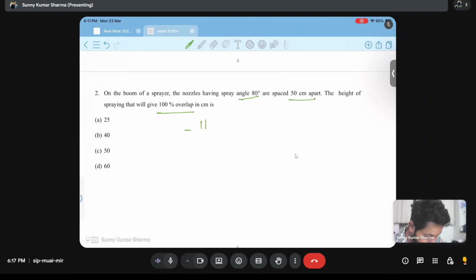The nozzle is spraying from here on the boom of the sprayer, making an 80 degree spray, and the nozzles are 50 centimeter apart. One nozzle is here, and the second nozzle is here.